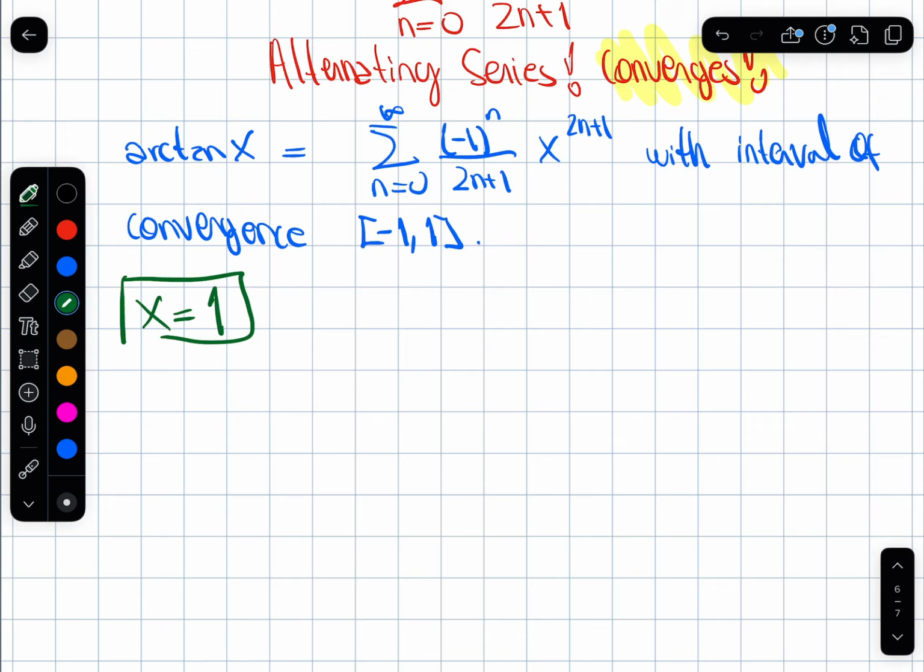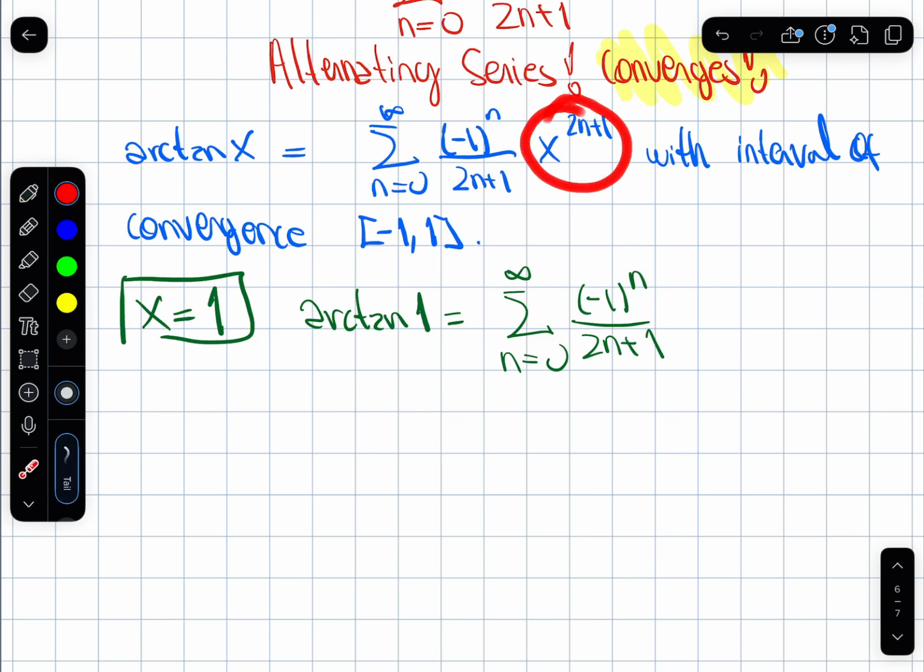And whenever you plug in x equals 1 here, now on both sides of this equation that I just wrote in blue, you get that the arctangent of 1 equals the summation of (-1) to the power n over 2n plus 1. You see, this is not changing at all, because this is 1 to the power whatever.